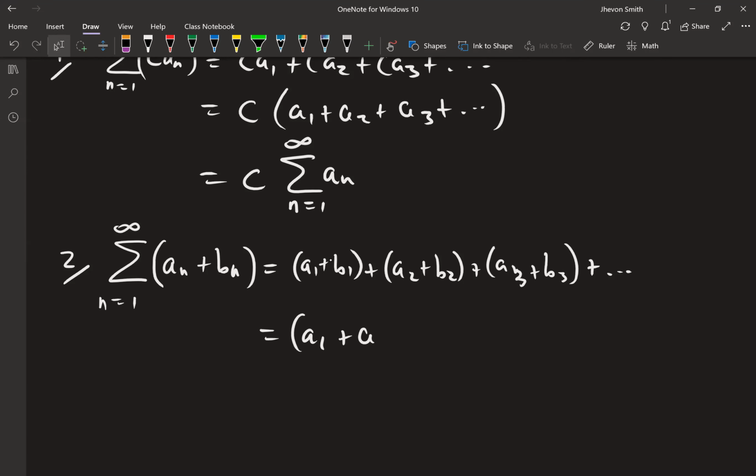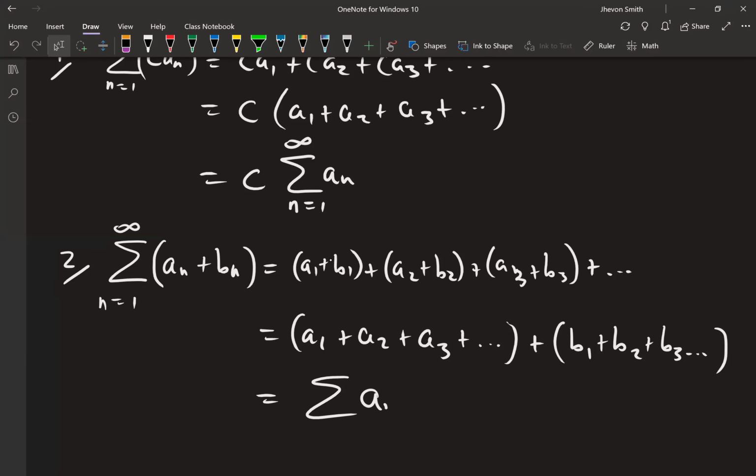I can group all the a's together. Again, I'm going to maintain the same order, because unless we have absolute convergence, things can mess up if I change the order. Then the first one is just the sum of the a's, and the second one is just the sum of the b's. And this works whether I'm adding or subtracting sums.